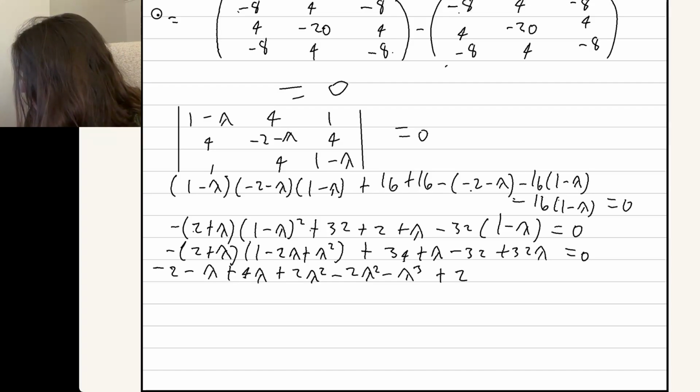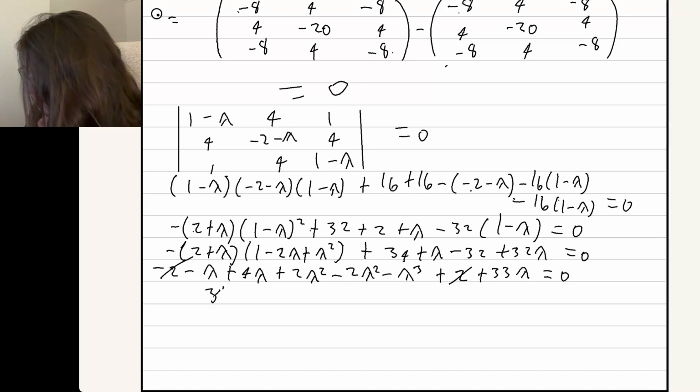And 32 lambda plus lambda just gives you 33 lambda, right? So then the minus 2 will cancel out the 2. Minus lambda plus 4 lambda plus 33 lambda turns into 36 lambda. 2 lambda squared cancels out 2 lambda squared, and you have minus lambda cubed equals 0.